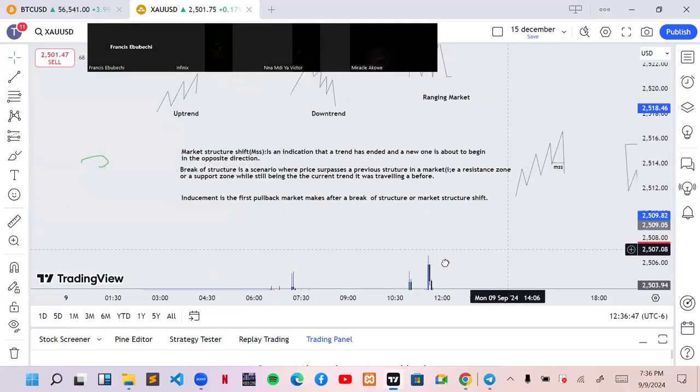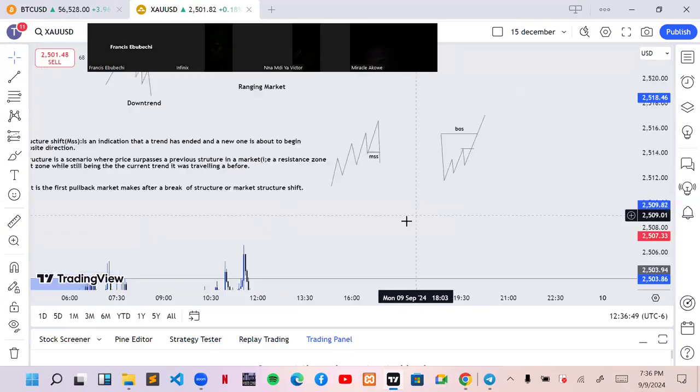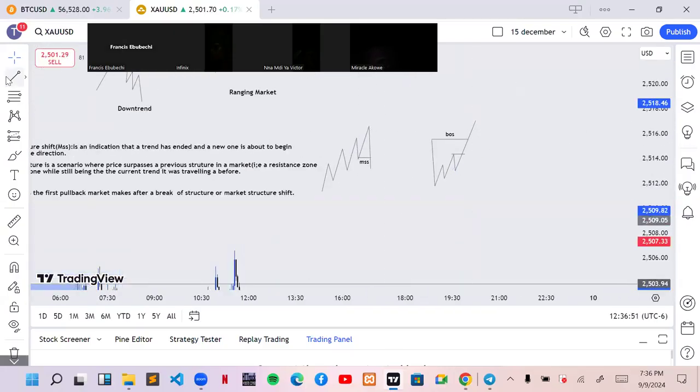So something like this now, for example, this is a break of structure. After the market breaks structure, there's usually a first pullback that the market makes. After that pullback, the market continues traveling in the direction that it broke out into.